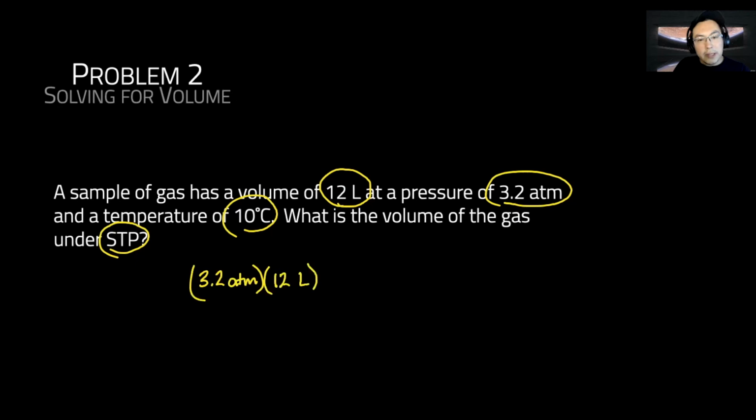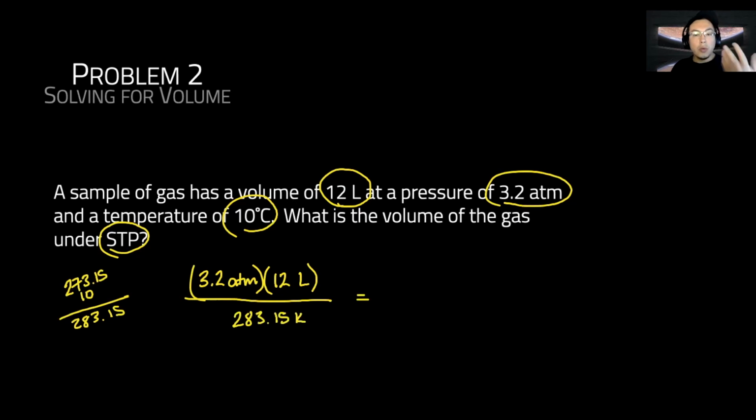Multiplied by 12 liters over, so this 10 is 273.15 plus 10, 283.15, right? So 283.15 Kelvin equals to what? That's final pressure, final volume divided by final temperature. So it says, what is the volume of the gas under STP?